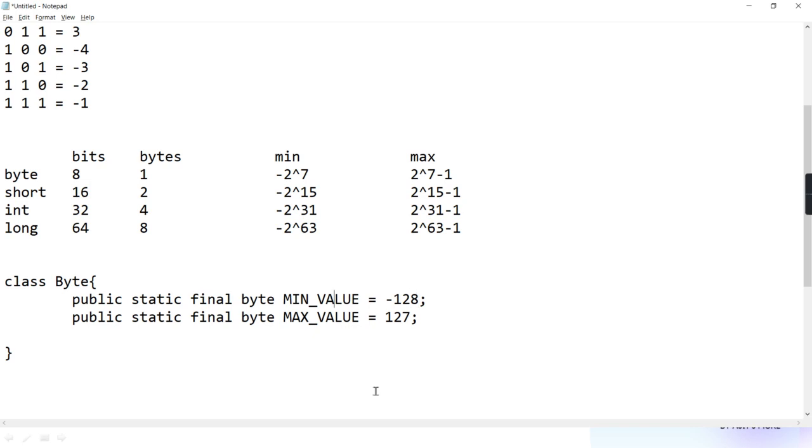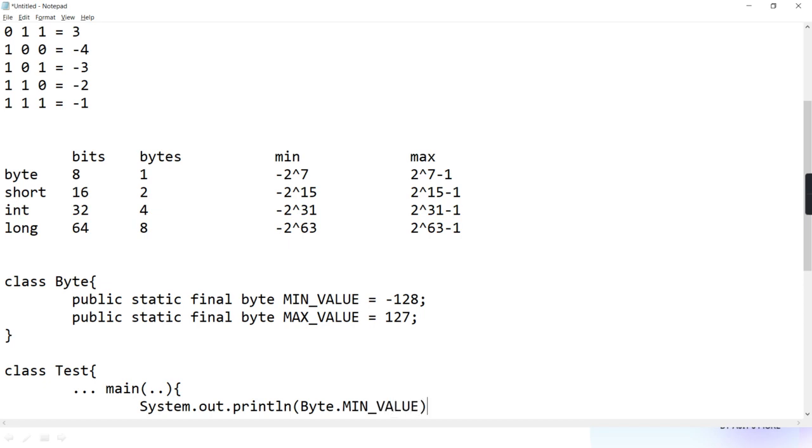And now can I access these two constants, this MIN_VALUE, MAX_VALUE? Can I create some other program, class Test, with public static void main, String args, and inside that, in System.out.println, can I print and see these values?